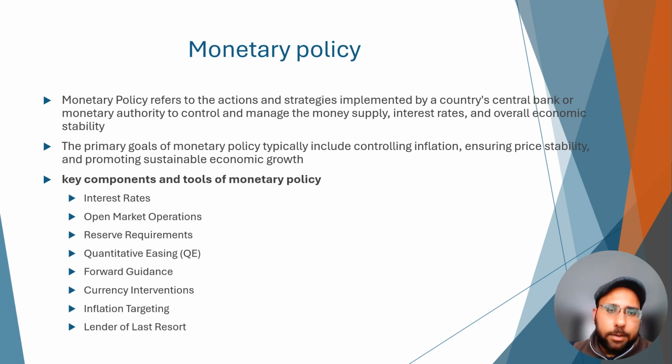Okay. Now, there are a couple of different ways of looking at monetary policy. There is expansionary and contractionary monetary policy. So when we talk about the expansionary part, this is a process of implementing policies to stimulate the economy by increasing money supply and lowering interest rates.